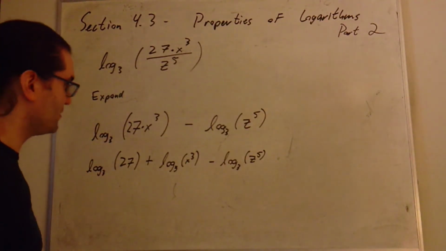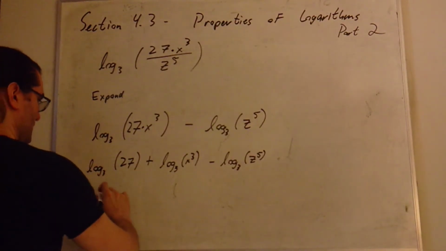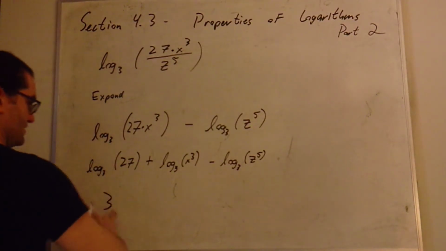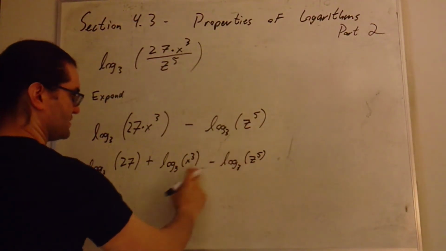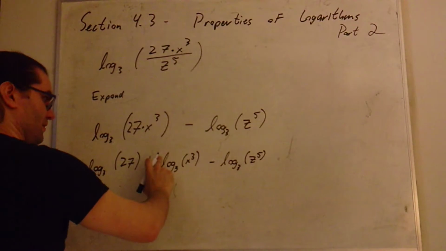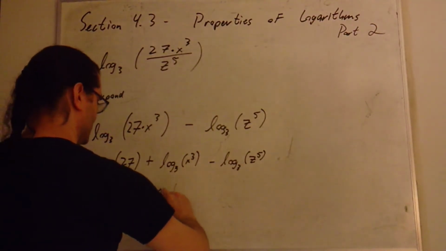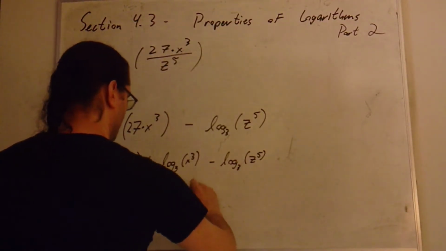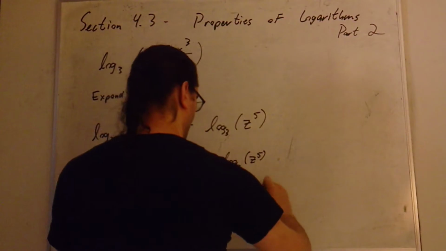There's one more property I need to use before I'm finished with this. First of all, I know the log base 3 of 27 is just 3, so that's not really a property, that's just doing a log. But for these two pieces, I need to take the exponent down in front. Exponents inside are coefficient multiplication outside.